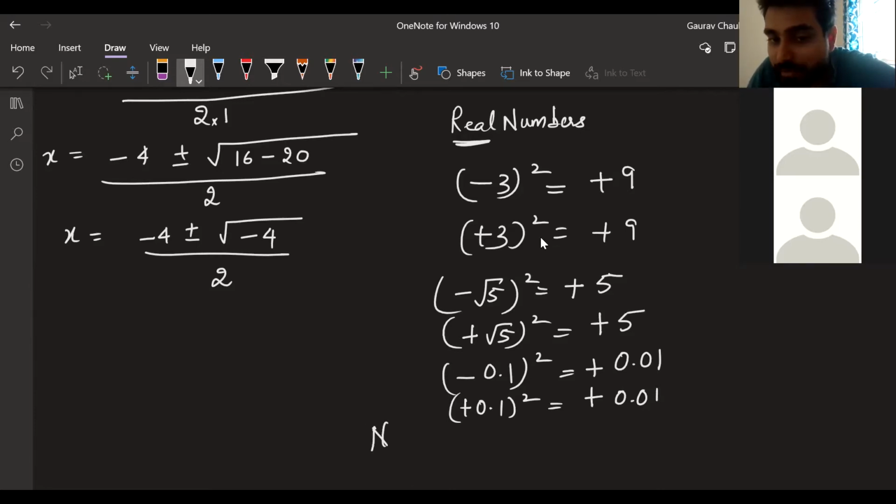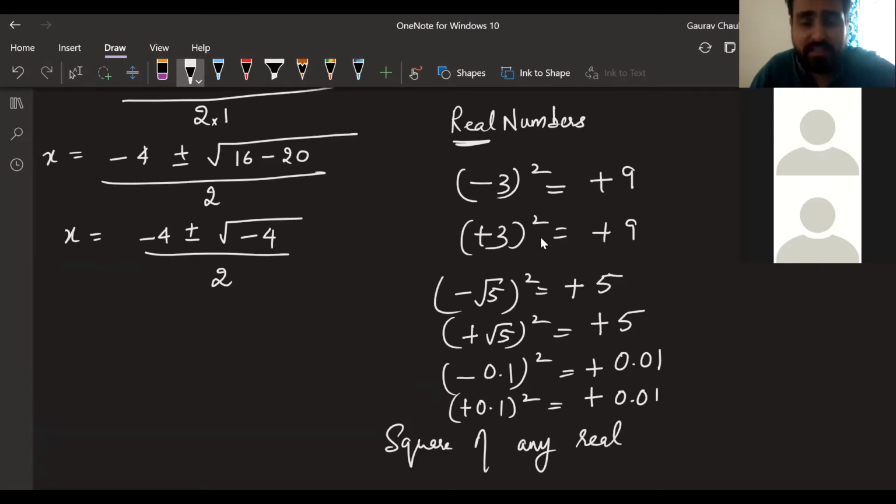Basically, no real number has a negative square. All squares are positive, okay? Square of any real number is always positive, whether that number is rational, irrational, decimal, fraction, integer, does not matter.